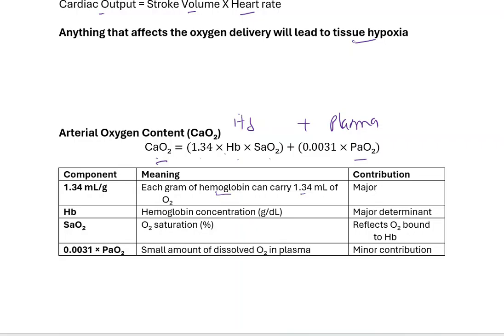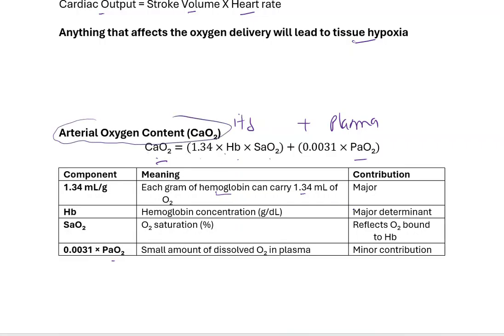And the hemoglobin will be the hemoglobin concentration, right? And the saturation reflects how much oxygen is bound to the hemoglobin, right? And then we also spoke about the partial pressure of oxygen in the plasma already, right? So when you look through these variables, what are the major contributors to the oxygen content?